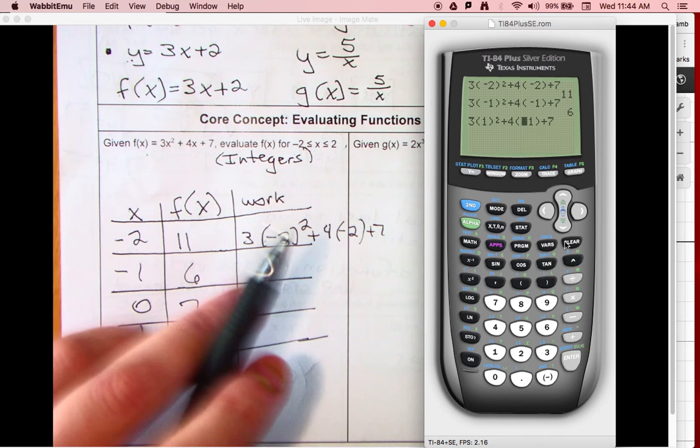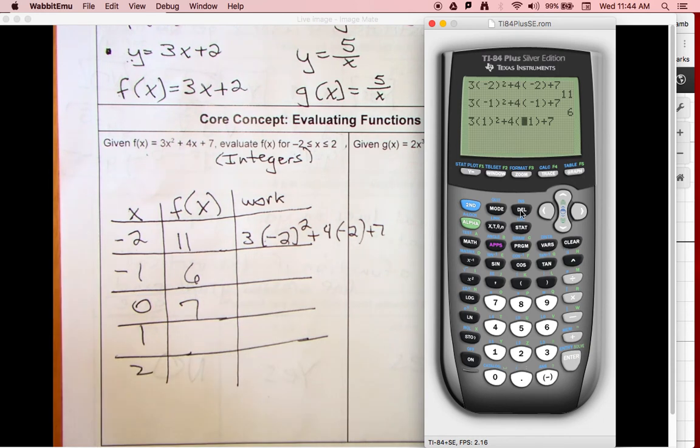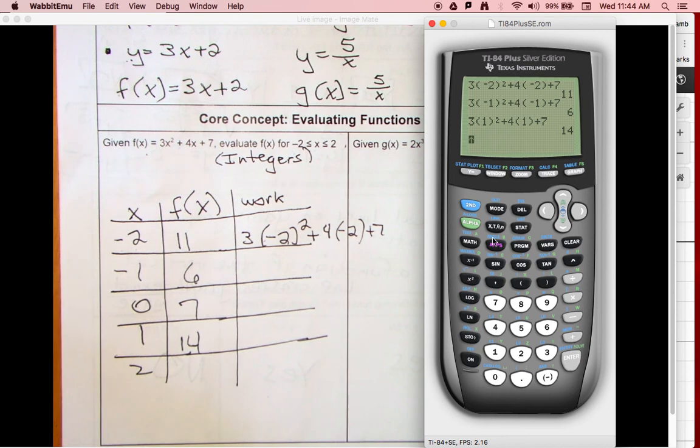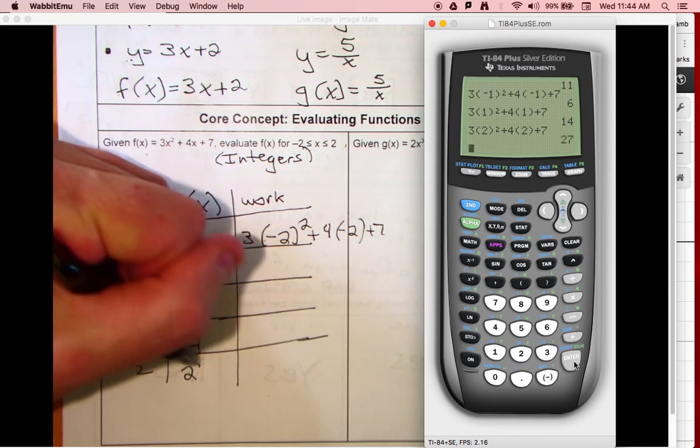Clear would clear everything out and give me a blank screen. Delete just deletes wherever my cursor is. Hit that, we get 14. And change that to a 2. All right, 27. Cool, we're done.